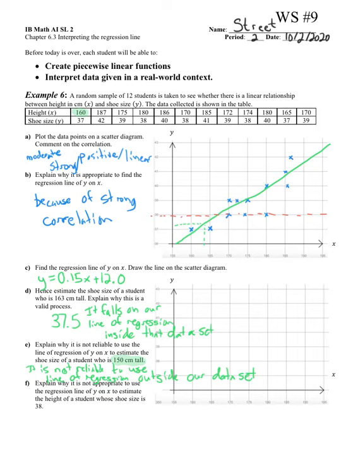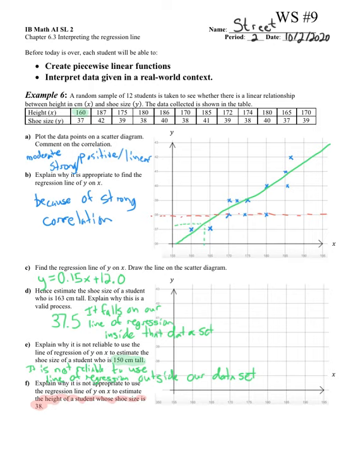Think about our variables here, right? One of these variables is independent, one of them is dependent. Which one's the dependent variable here? Shoe size. The shoe size. So the problem here is you can't use your dependent variable to determine the independent factor. You can't work backwards like that.